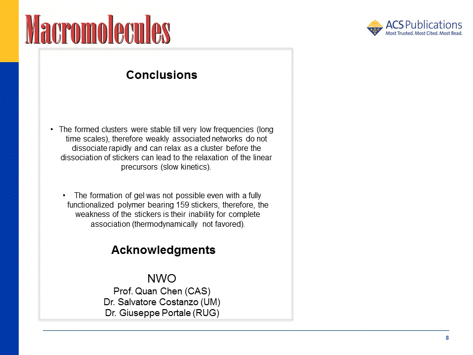Conclusion number 2 is that the formation of the gel was not possible even with a fully functionalized polymer bearing 159 stickers. Therefore, the weakness of the sticker is their inability for complete association. This, in fact, means that thermodynamically the association is not favored.